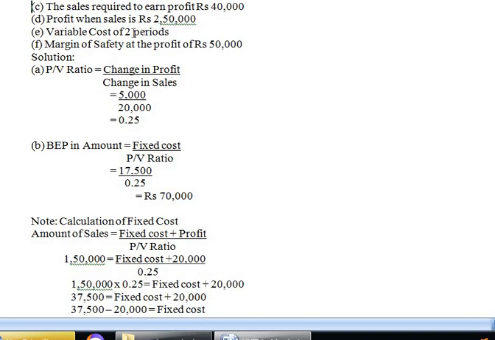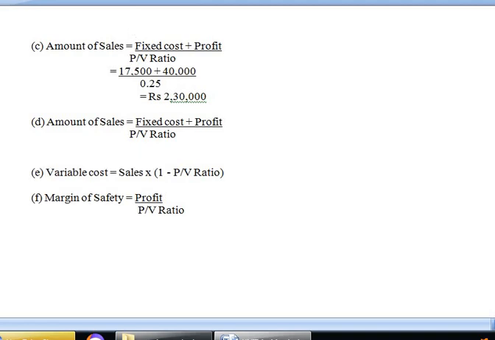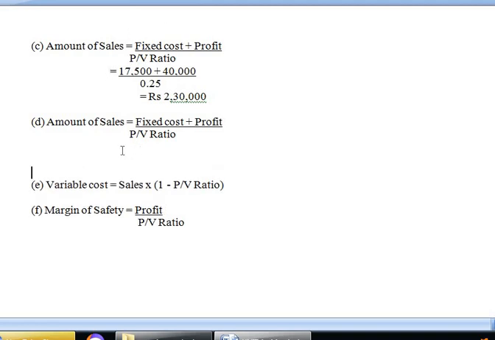Now next point is profit when sales is rupees 2,50,000. So when sales is rupees 2,50,000, we need to find out the profit. So already they have given us sales, so sales is 2,30,000. Fixed cost is 17,500.